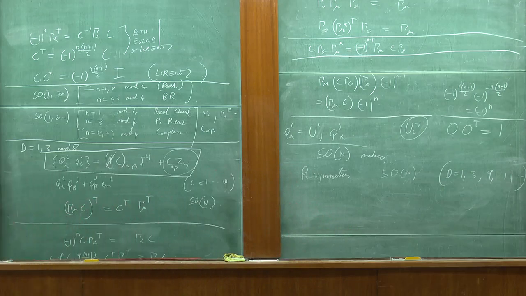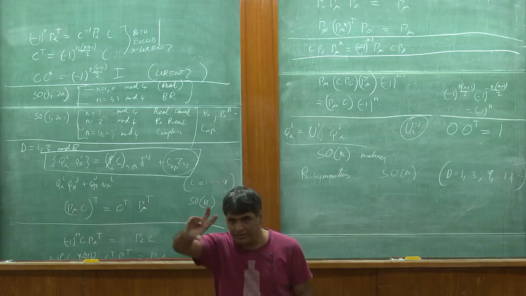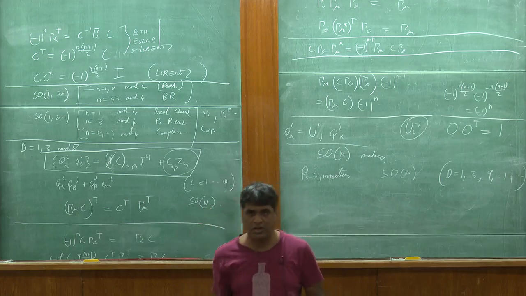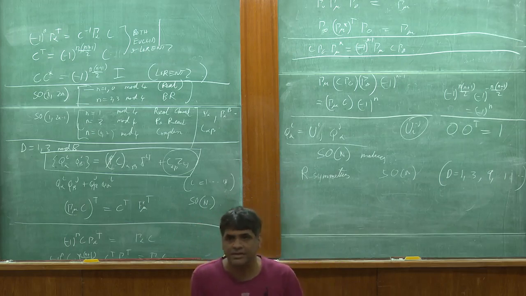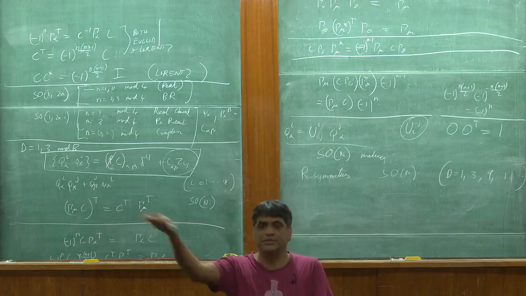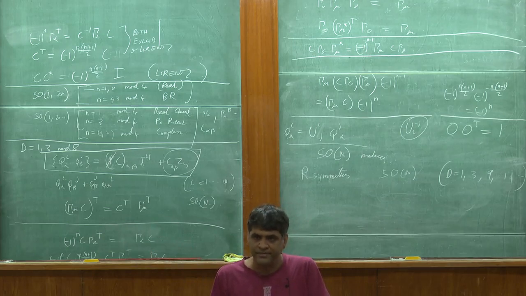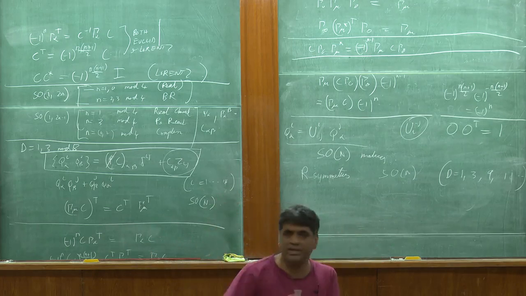Well, the question is only if you perform an ON transformation on this algebra, does it leave it invariant? That's the mathematical question we're asking, and the answer is clearly yes, because O times O transpose is equal to 1, whether the matrix is SON or ON. So at the level of automorphisms, it's clearly ON, as Sunil was right.